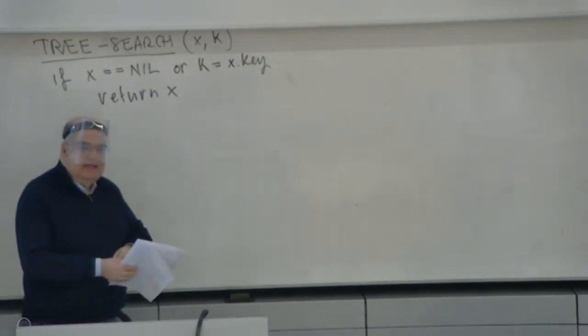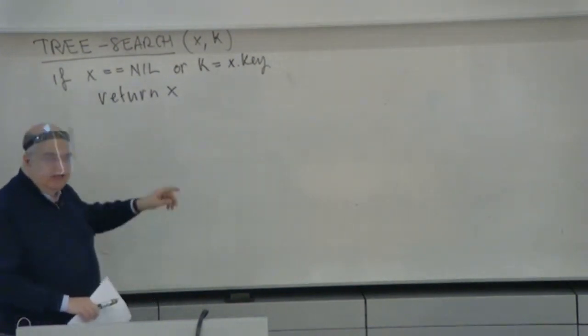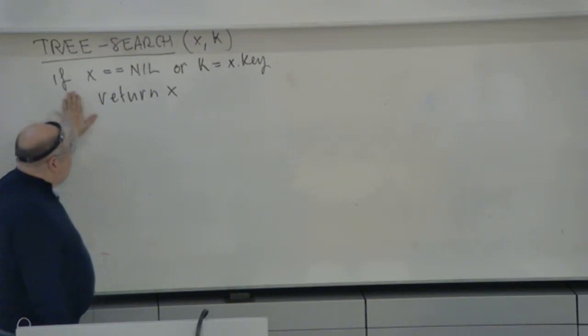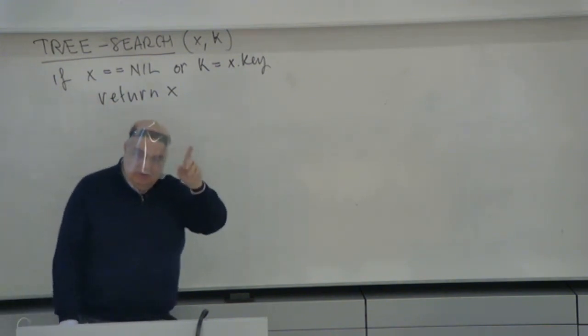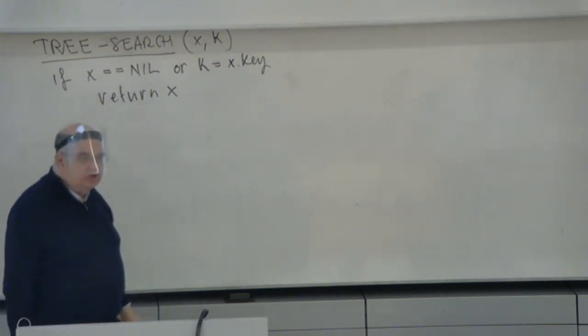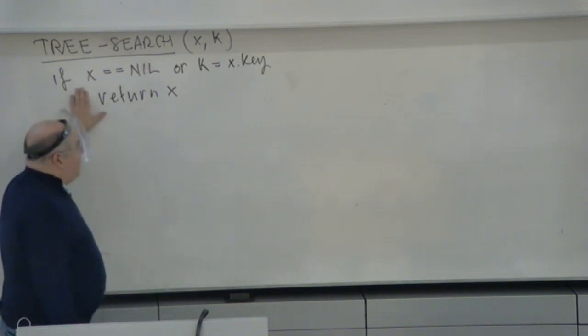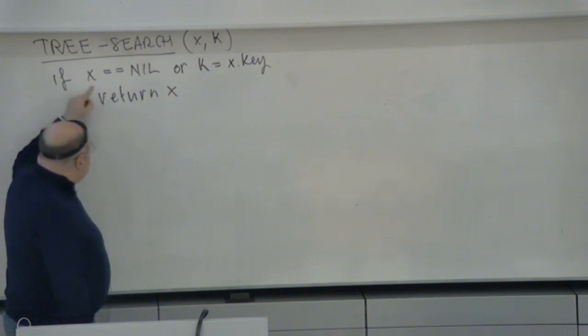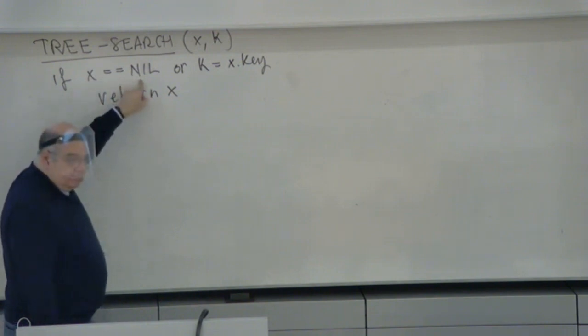The meaning of this starting statement is that the procedure goes through the tree using the binary search tree property, and it might reach the end without finding the element. In that case, it points to a node which is nil, so x is nil.